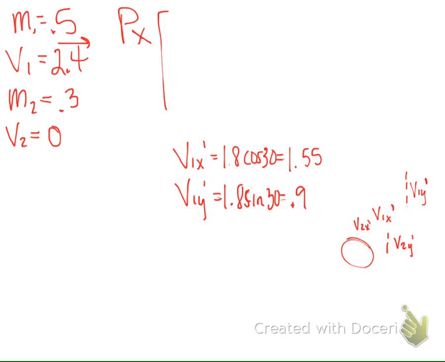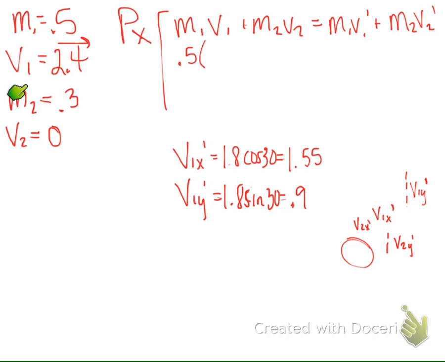Our elastic momentum: m1v1 plus m2v2 would equal m1v1 prime plus m2v2 prime. This is only going to be in the x direction here. So let's start getting some numbers plugged in. Our m1 is 0.5.